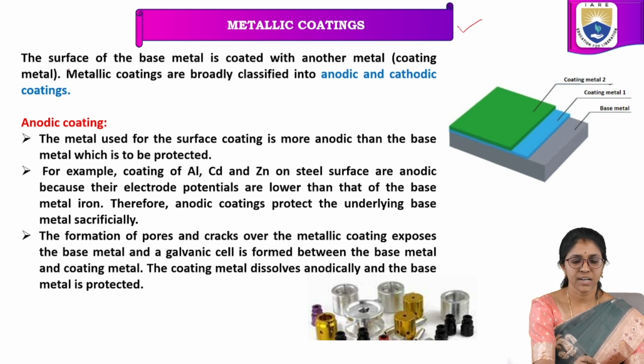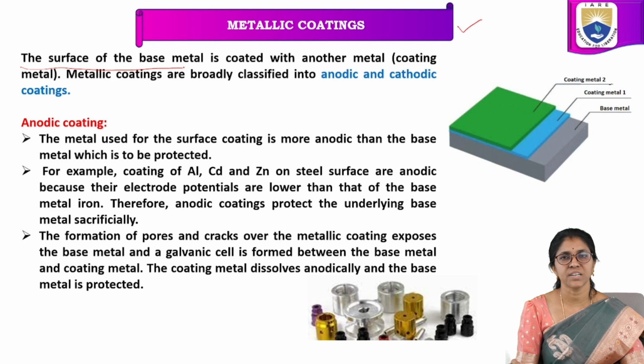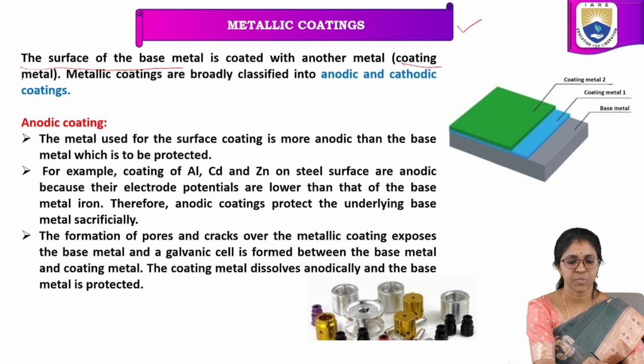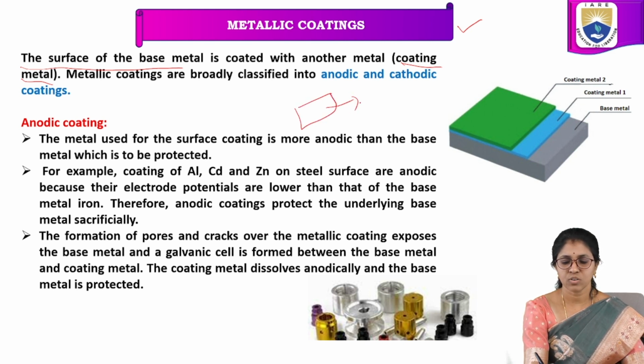In metallic coating, the surface of the base metal is coated with another metal, which is called the coating metal. The metal to be protected is called the base metal, and the metal used for the coating is called the coating metal.